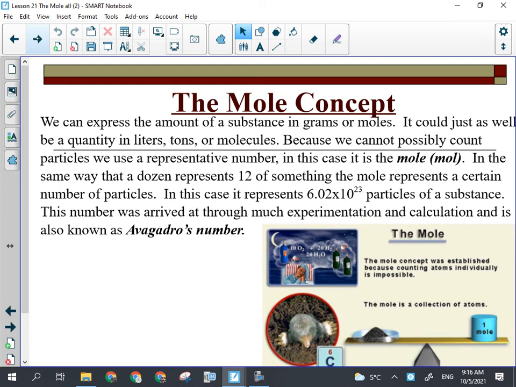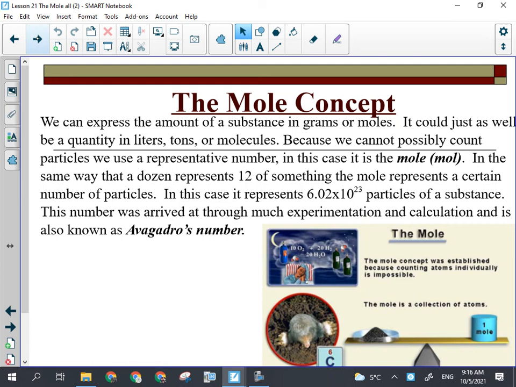I wouldn't want to be sitting there with tweezers and magnifiers going, 152,285, 152,286. What? Damn it. 1, 2. You wouldn't do that. It would take your whole lifetime to count the particles in even a handful of sugar.